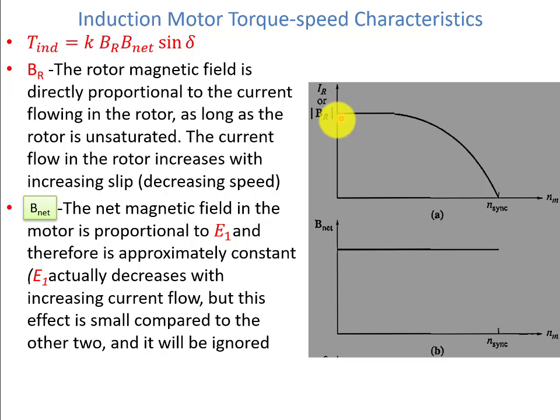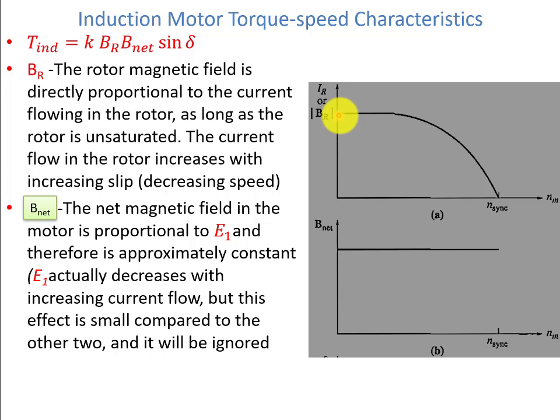As we can understand from this graph, when the speed is 0 and the slip is 1, a huge amount of current will flow into the rotor. As we have seen in the previous video, the air gap power at that point will be equal to the rotor copper losses.